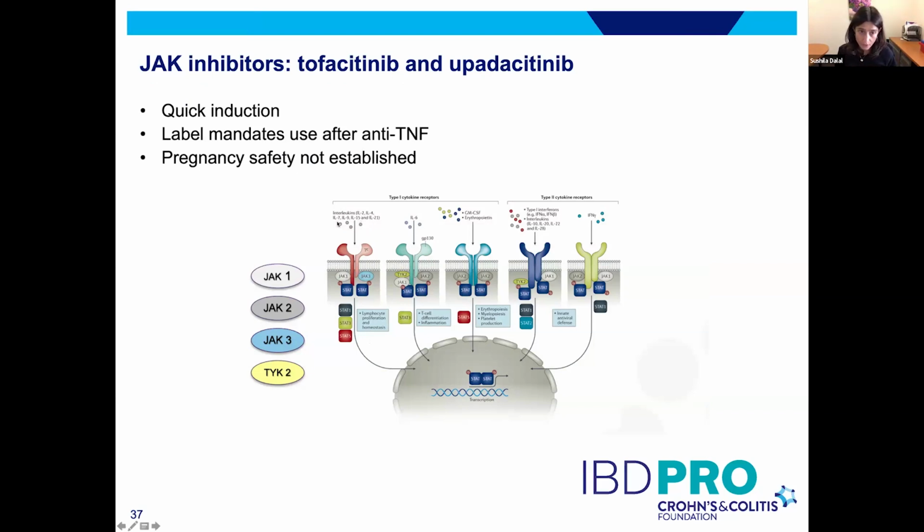You see IL-2, IL-4, IL-7, IL-9, IL-15, IL-21, interferon gamma. All these different cytokines bind to the cell surface receptor, and then they're signaling through these Janus kinase enzymes. So by blocking the signaling molecule, you're blocking the pathway of many different immune pathways.